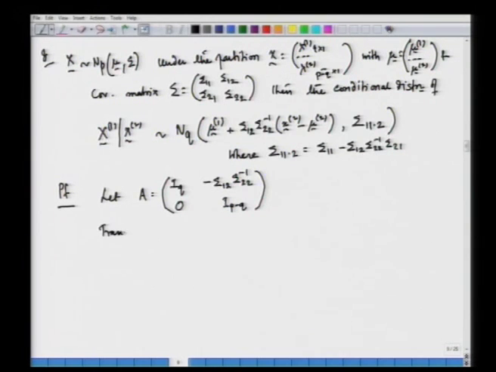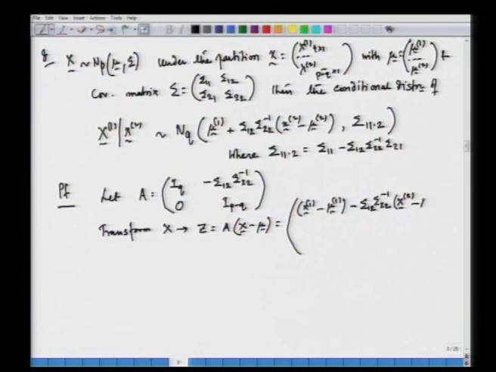So, the transformation is x to z, say z being equal to this A times x minus mu. If I want to write the corresponding partition of this whole matrix, it takes a picture somewhat like this. We have x1 minus mu1 minus the matrix A coming into the picture here, Sigma_12 Sigma_22 inverse, and then we have x2 minus mu2.